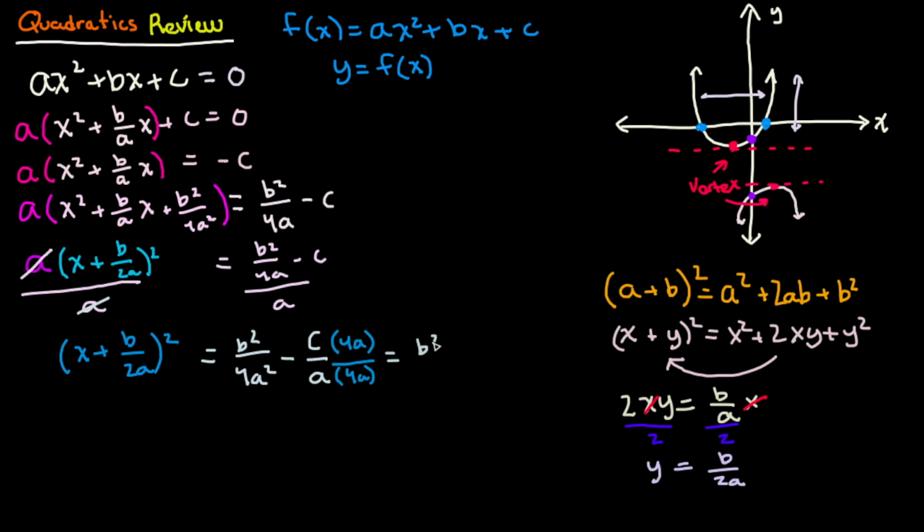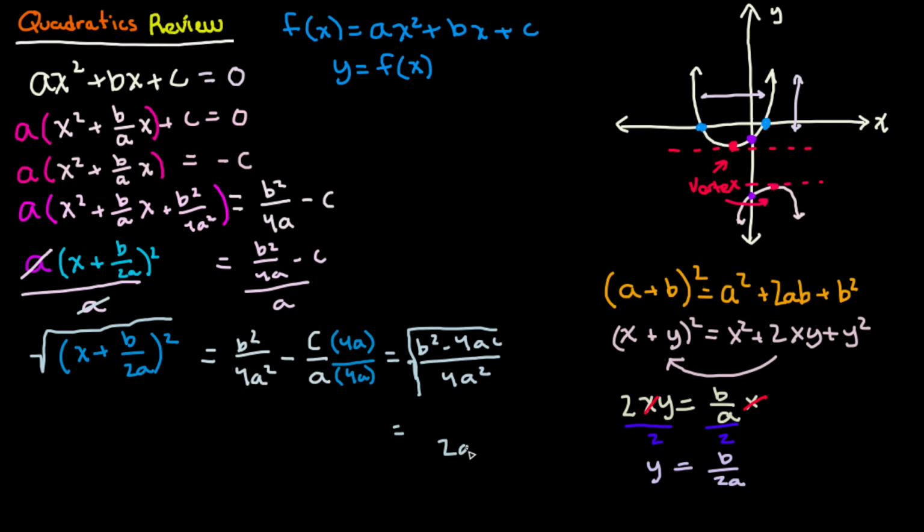b squared minus 4ac over 4a squared. Now this is useful because when we take the square root of both sides, what we're left with is this 4a squared actually becomes 2a, because the 4 is a perfect square and the a squared is a perfect square.